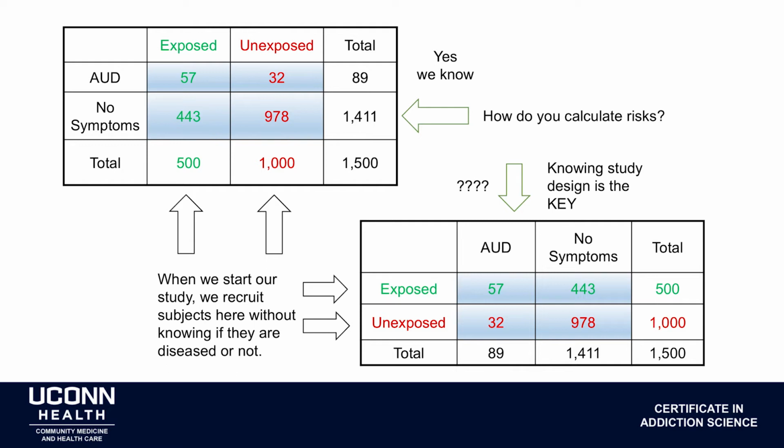Just remember the concept. It's not the table, the column, or the row. It's really what exposed or unexposed mean. So if you understand the concept, you will know how to calculate the relative risk, no matter how the 2x2 table is structured.